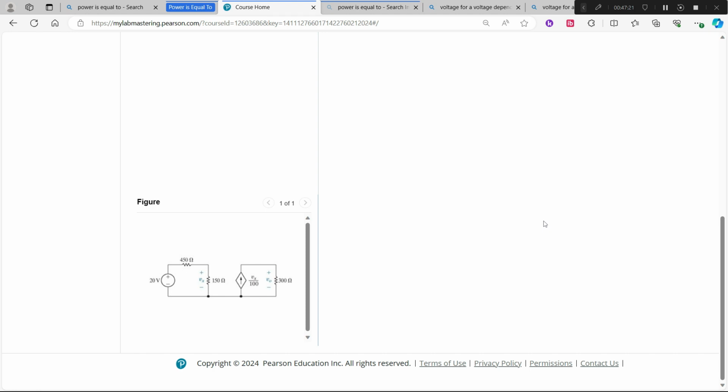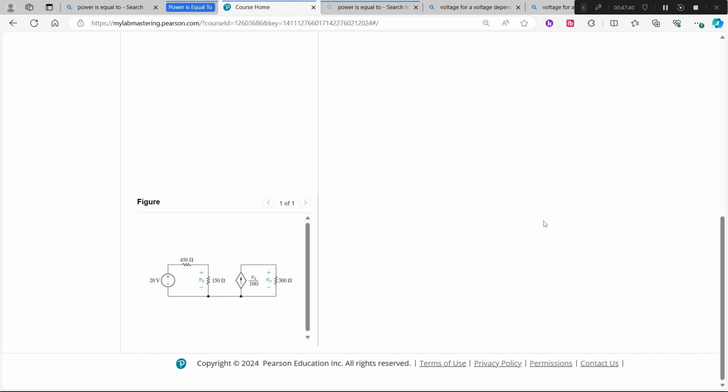So, negative 20 plus 20 is equal to R1 I, well, we can just add them together, since they're the same.